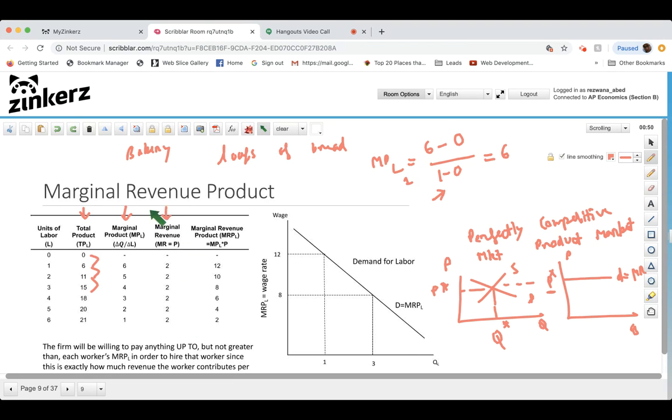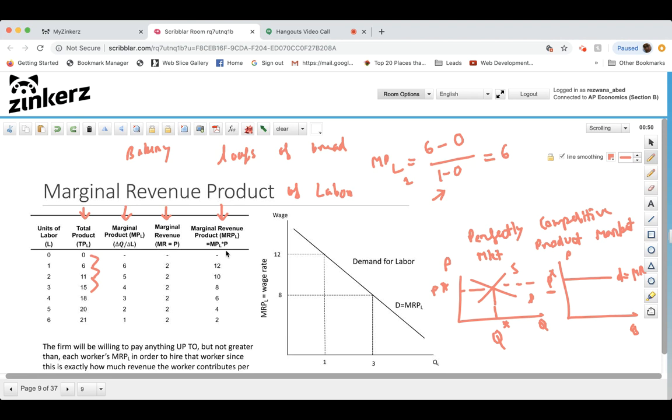So then we found the marginal product of labor, we found the marginal revenue, which is equal to price, and now we have no problem calculating what we basically need to get at, which is the marginal revenue product of labor.